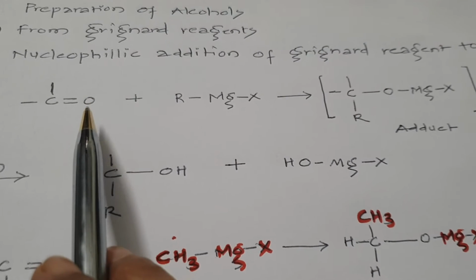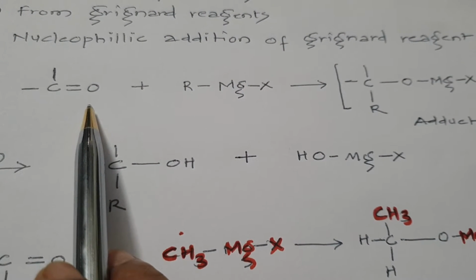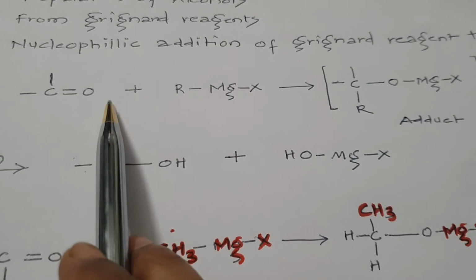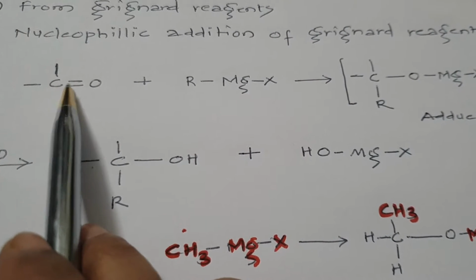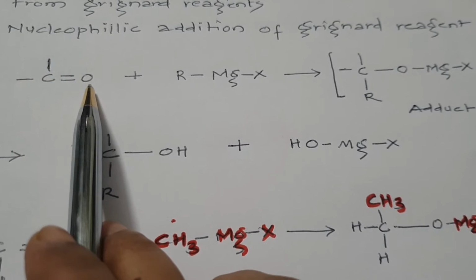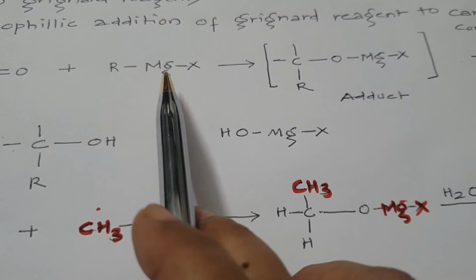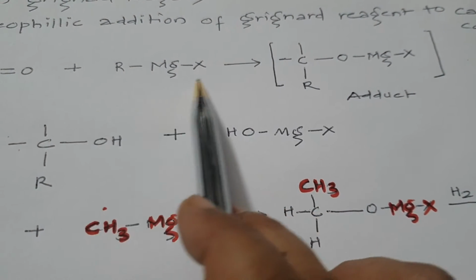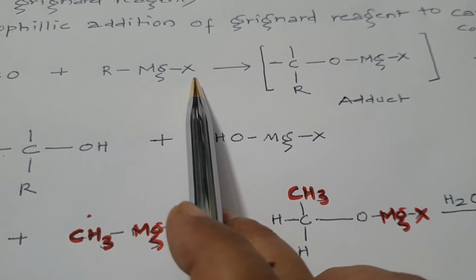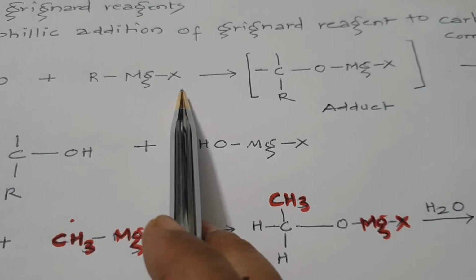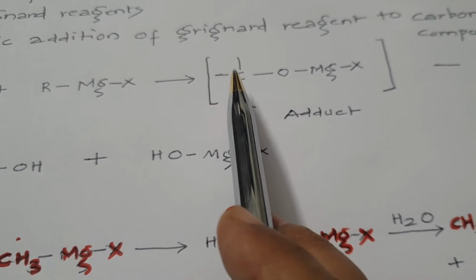Now let us see the generalization for this reaction. A carbonyl compound has a presence of C double bond O. When we carry out addition of a Grignard reagent, that is alkyl magnesium halide, to this, what we obtain is an adduct.